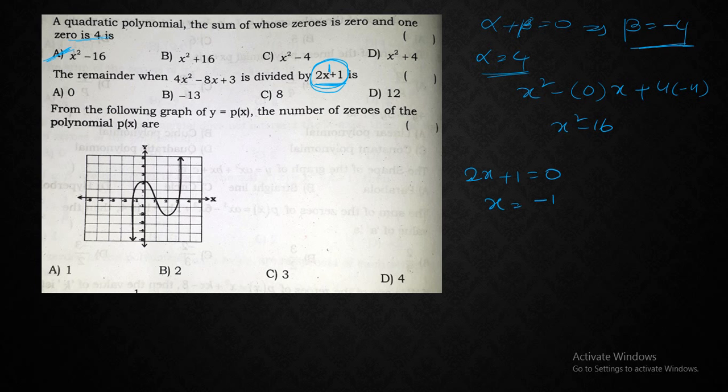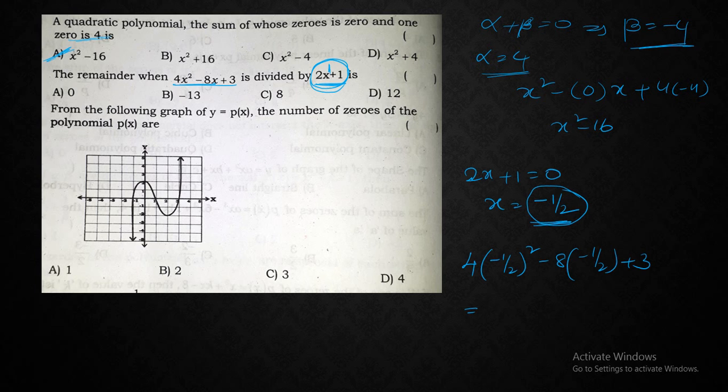What is the value of x that you get? x is equal to minus 1 by 2. On substituting minus 1 by 2 in the given polynomial, that is 4 times minus 1 by 2 whole square minus 8 times minus 1 by 2 plus 3, whatever value you obtain is my remainder.